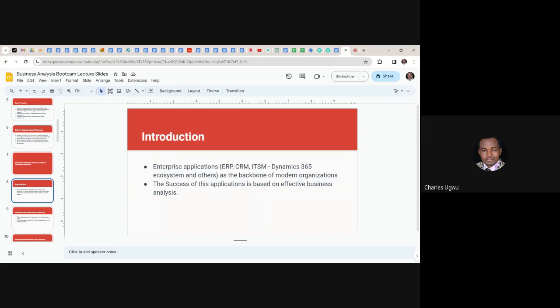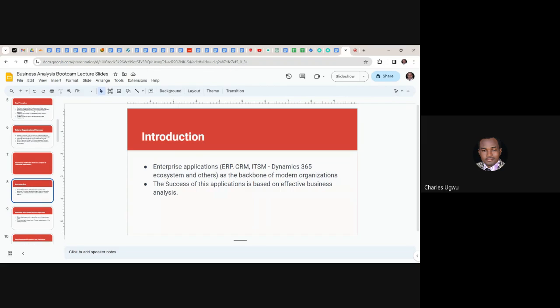They are the backbone of modern organization, ranging from ERP to CRM to ITSM to HR to supply chain enterprise application, and so many of them.